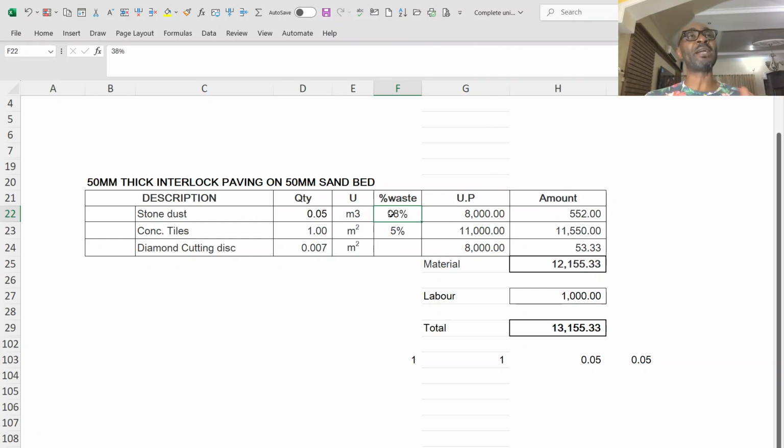And besides that, when the sand is delivered to site, it is not dropped directly at the portion where you want to lay your stone dust. It's going to drop in a location where you need to wheel it, using a wheelbarrow, to transport to the location where you are, or use a payloader or whatever means of transportation. And during the course of transporting from one location to another, you are going to record some level of waste.